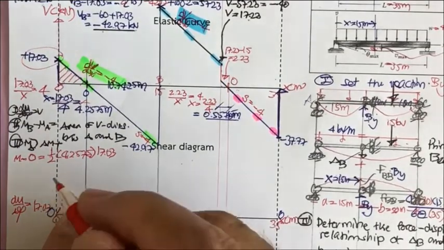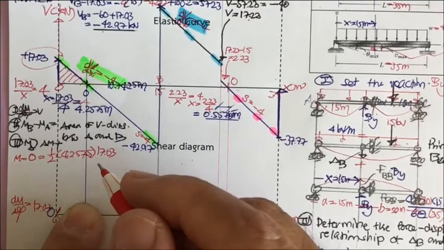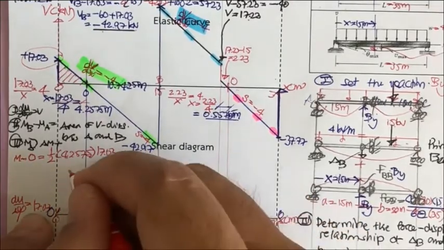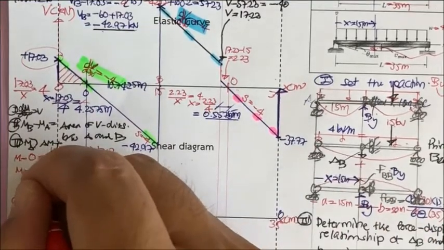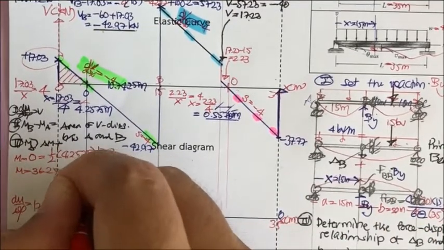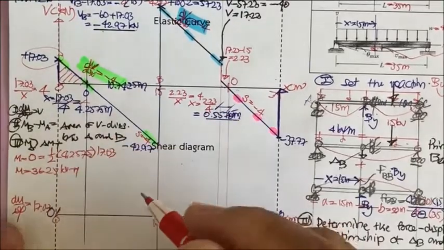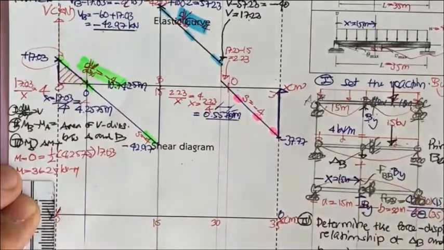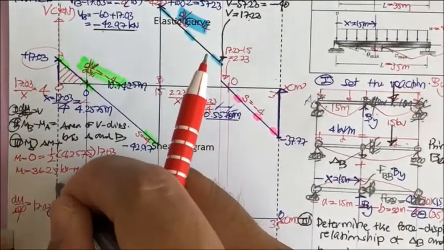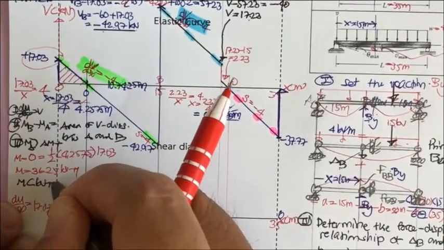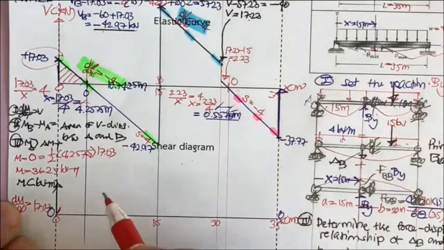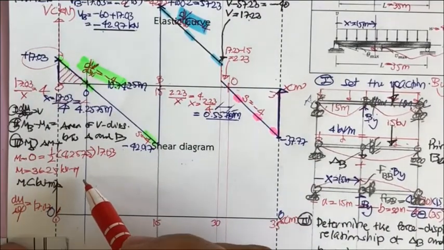If you push this, you get the moment of 36.25. So the M here is 36.25 kilonewton meter. Okay, and I forgot to put this one as the M. This is M, kilonewton meter. So it's going to be 36.25.